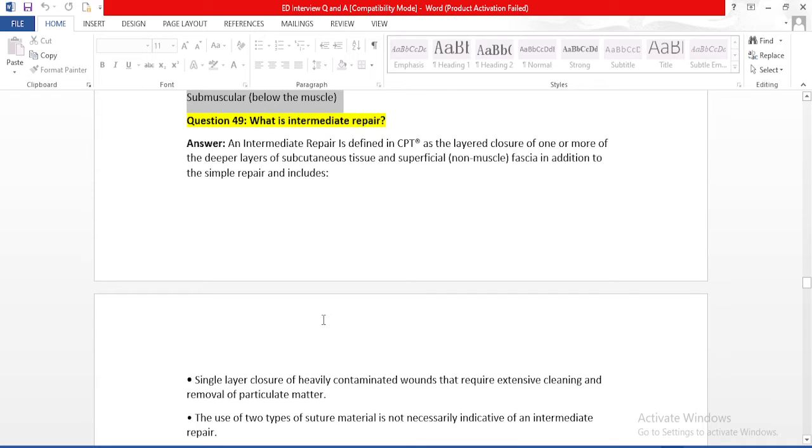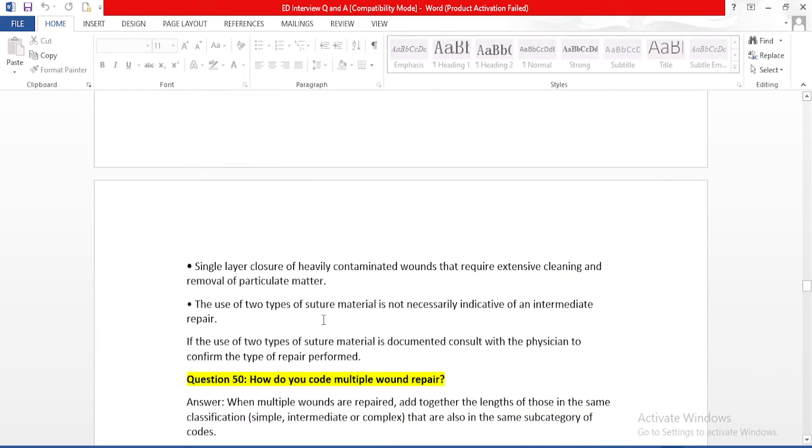Next question, what is an intermediate repair? An intermediate repair is defined in CPT as the layered closure of one or more of the deeper layers of subcutaneous tissue and superficial fascia, in addition to the skin closure of a simple repair, and includes single layer closure of heavily contaminated wounds that require extensive cleaning and removal of particulate matter.